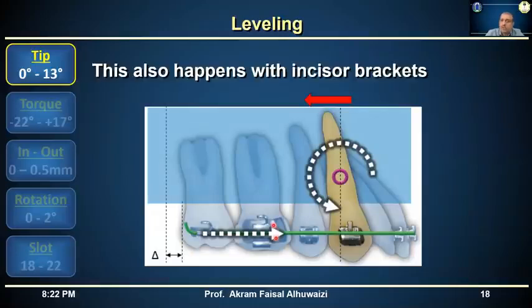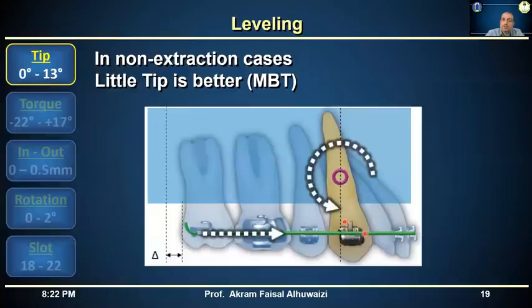This also happens for the incisor brackets. The same phenomenon which happens for the canines happens for the incisor brackets. As you tip them, you're trying to pull these posterior teeth forward, so this loses anchorage. That's why in non-extraction cases, little tip is better.